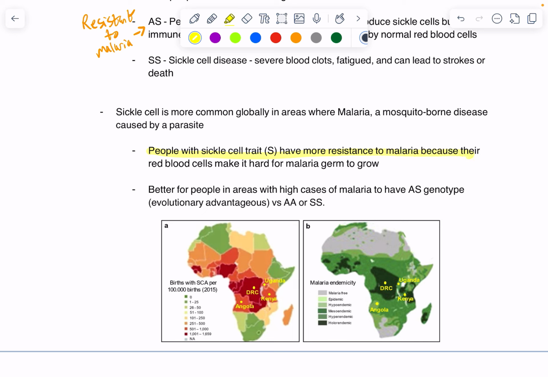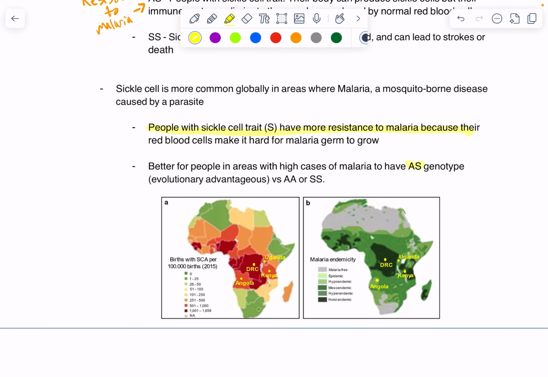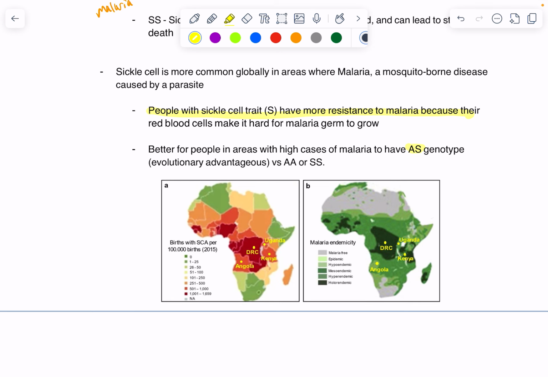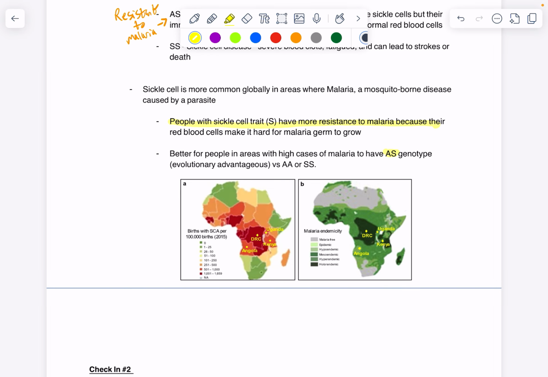Otherwise, sickle cell disease would probably be seen less and less in populations, because there's a disadvantage to having that allele. Only when you have some type of advantage do we start to see it come up more and more. So it's ideal for people to have that AS genotype over SS or AA in a malaria-high environment.